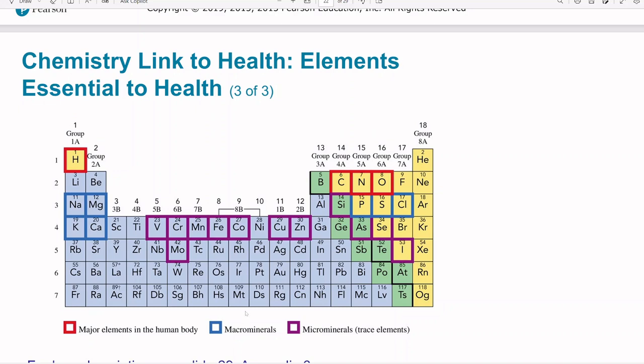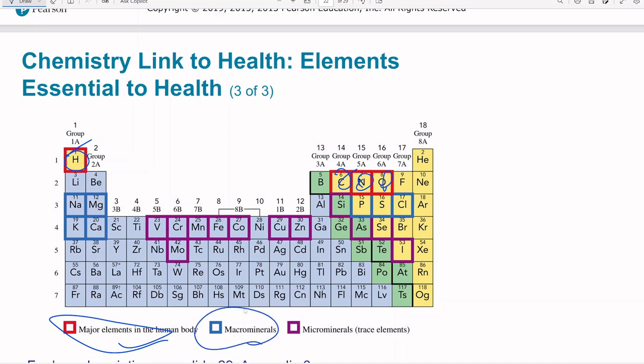So we have the major elements in the human body shown in the red blocks, which are hydrogen, carbon, nitrogen, oxygen. These are often found in organic molecules, which means they're comprised of carbon sources.